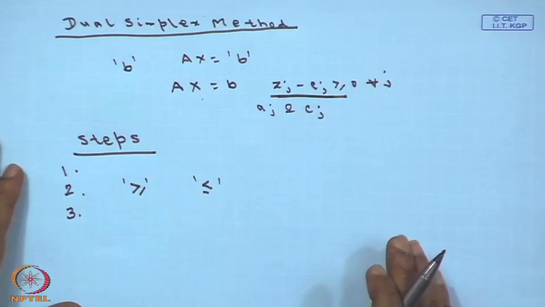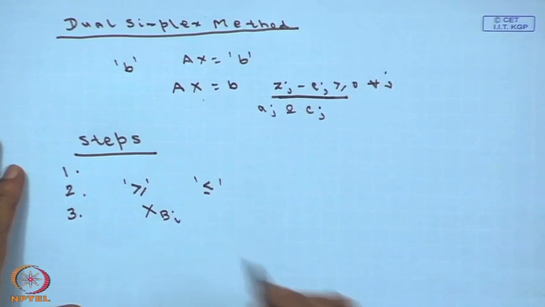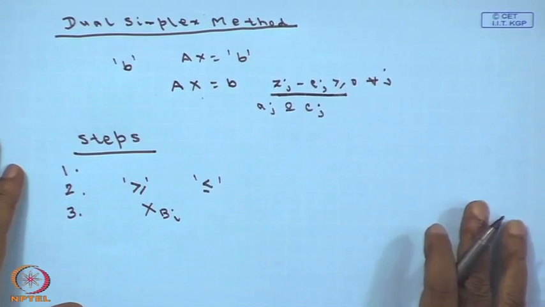So, just to summarize step 3, you are introducing slack variables to form the basis vector, and after that you are constructing the simplex table as you have done for the simplex method. We are not using any artificial variable over here, we are only introducing the slack variables, and the initial basic solution, which we denote by xbi, need not be feasible.